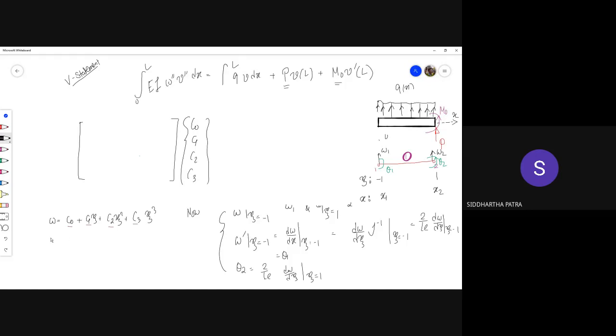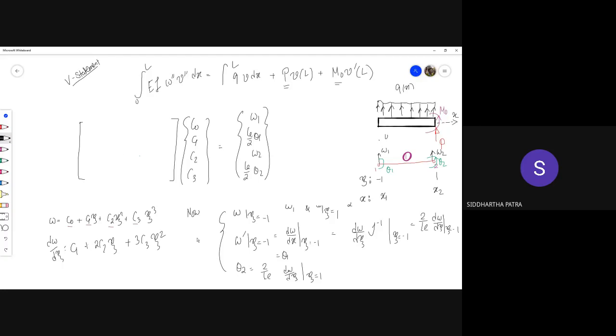If I take a derivative of W with respect to xi, it looks like C1 plus twice C2 xi plus 3C3 xi squared. And here we have the right hand side, which is W1, Le by 2 theta 1, W2, Le by 2 theta 2.